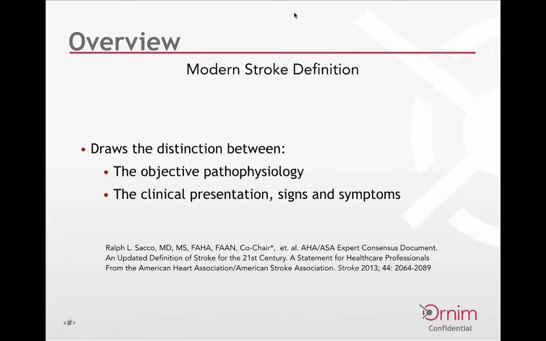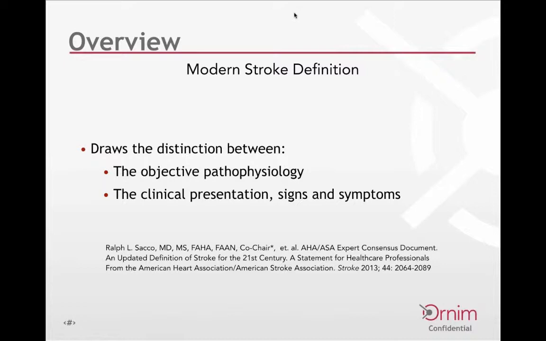Stroke has traditionally been defined as a time-dependent phenomenon: the more time that has passed after the onset of symptoms, the more damage we think is going on. These days, because imaging studies have become so sophisticated, we're understanding much more about the difference between the clinical phenomenology of stroke and the objective pathophysiology that we see.